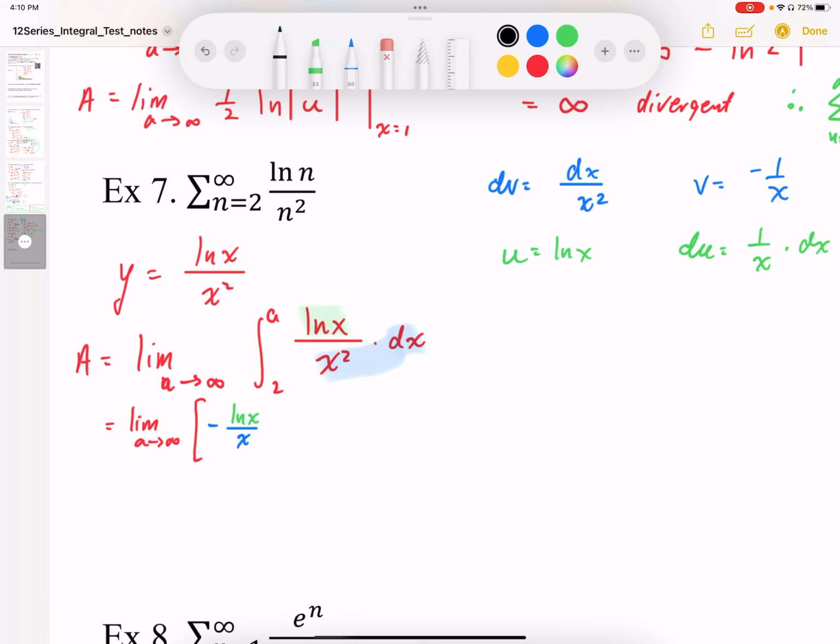Okay, so that's the first part of it, minus the new integral. I should put my bounds in, the bounds for this is going to be from 2 to a, minus the integral from 2 to a of our v du. So I'm going to end up with negative 1 over x squared. So that extra negative is going to make this positive. I'm just going to write this as 1 over x squared dx.